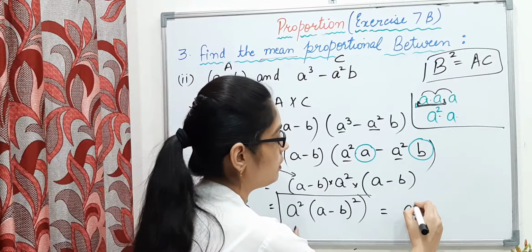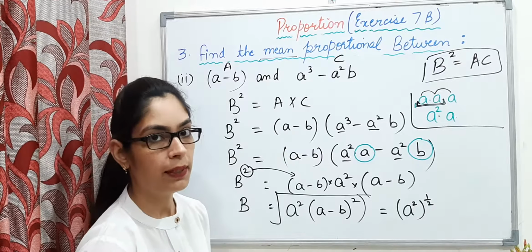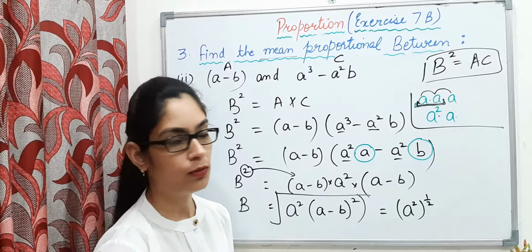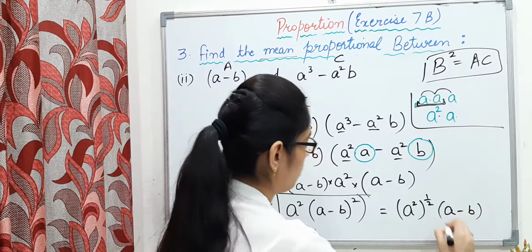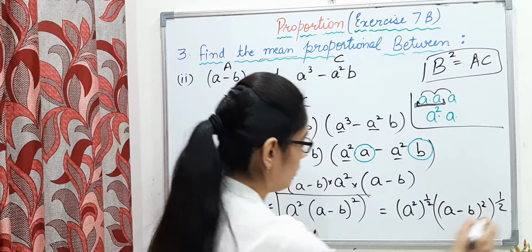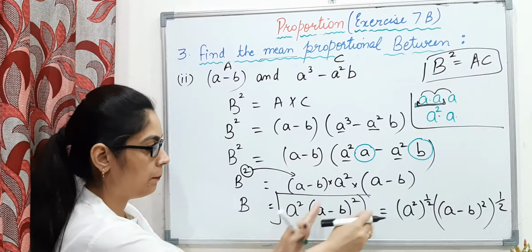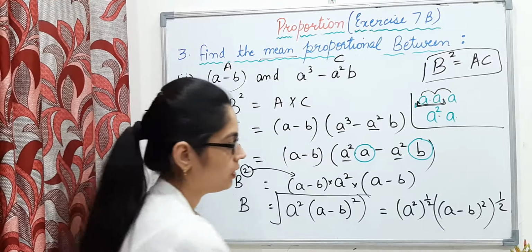So with this a square also we have a square root, so I will just write it as 1 by 2. Power 1 by 2 also means square root. Then with a minus b also this square is there, and this square root is there too. This square root is on both the terms, a square and a minus b whole square.